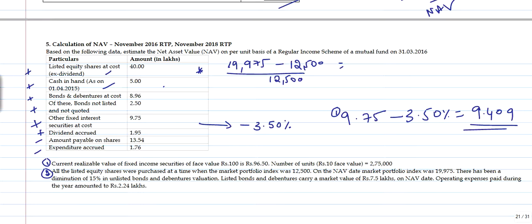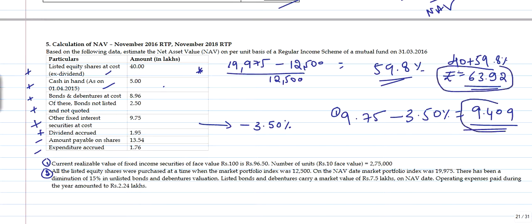It is a 59.8 percentage increase. So 40 plus 59.8 percentage comes to a closing value of 63.92 rupees in lakhs. So that is the second point.